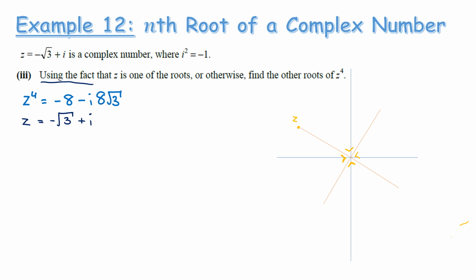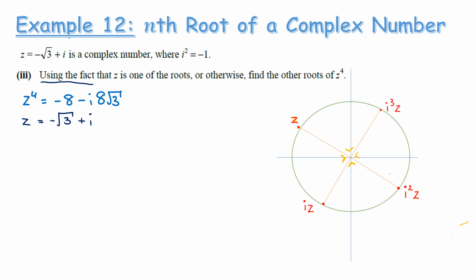Now that's great, drawing it out, but then how do I get those? At the very start we would have looked at how graphically we get this 90 degree anti-clockwise rotation, and to get it we would have taken our z and multiplied it by i. So this is iz, this is i squared z, and this is i cubed z.